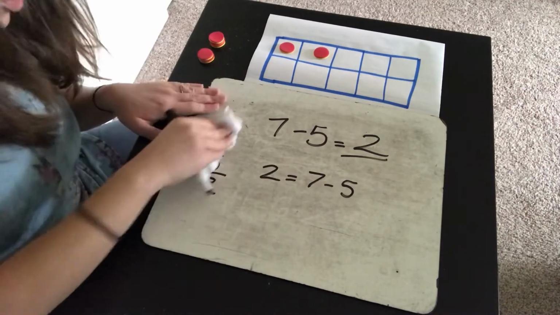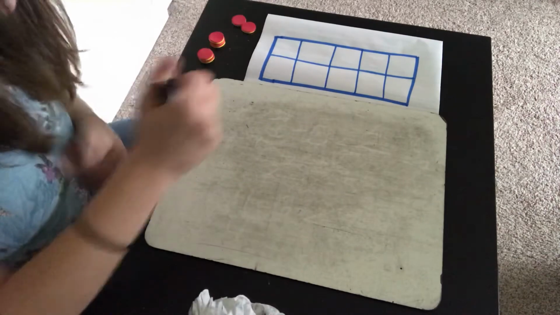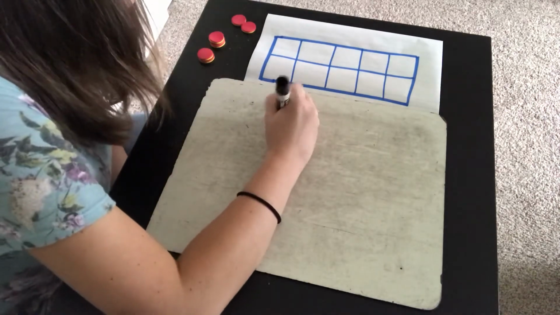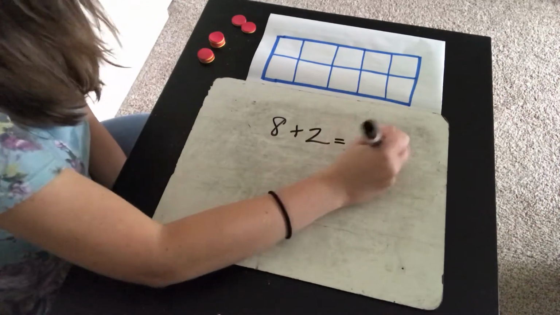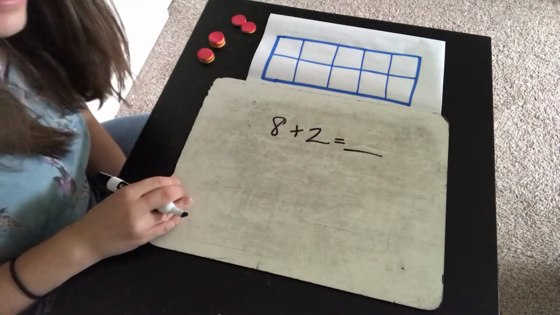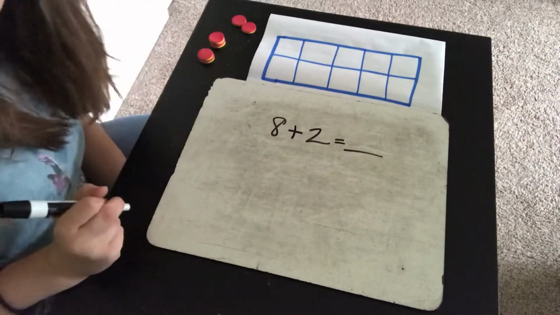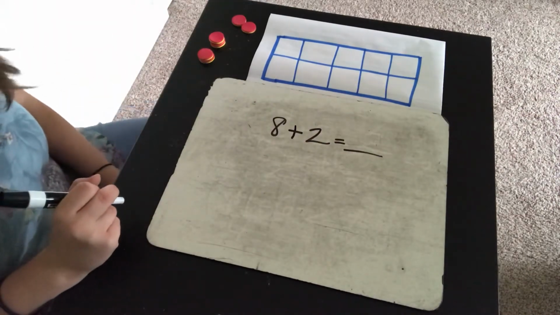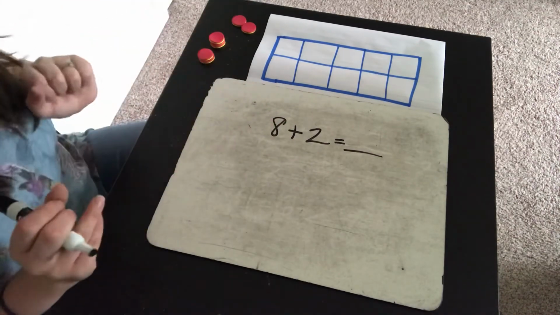All right, one more for today. How about 8 plus 2? 8 plus 2. My plus sign's a little crooked there. Okay, with 8 plus 2, remember plus means I'm going to add, put together.